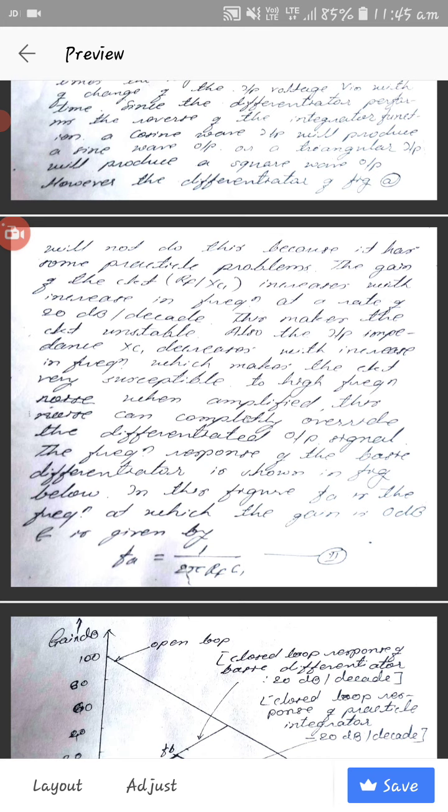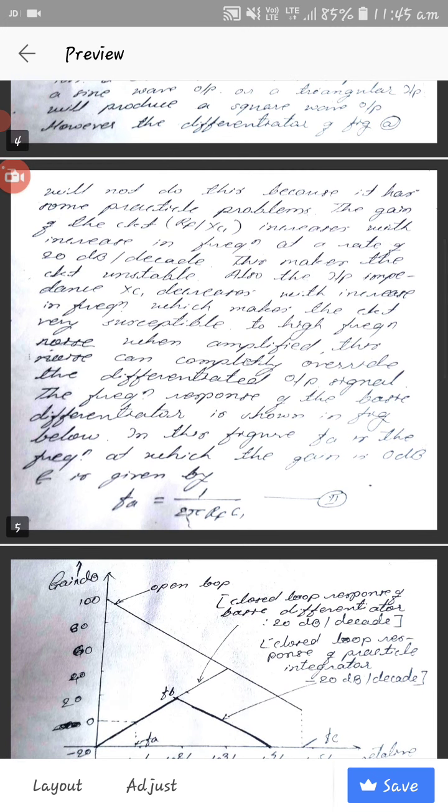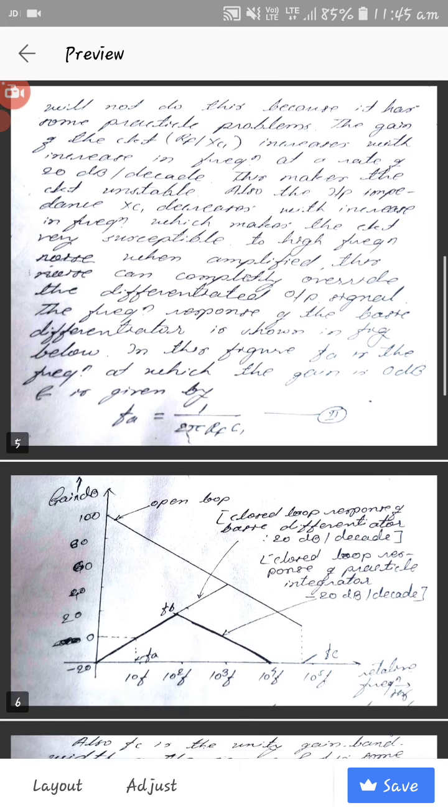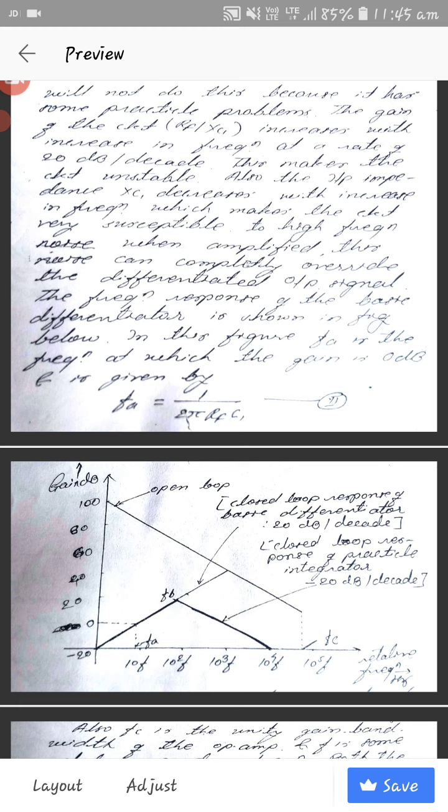Also, the input impedance XC1 decreases with the increase in frequency, which makes the circuit very susceptible to high frequency noise, which can completely overload the differentiated output signal.